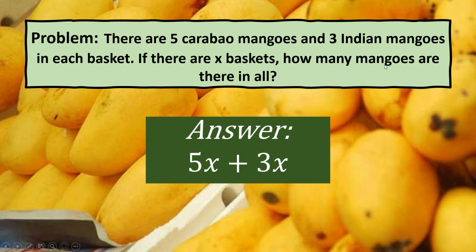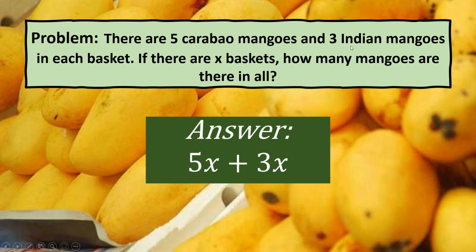Because as you can see, we're talking about the number of mangoes in total, so we're supposed to use the operation addition for that. Then if we don't know the number of baskets, we just have to multiply the 5 with the number of baskets, because as mentioned in the problem, there are 5 Carabao mangoes in each of the baskets. So 5 times x.